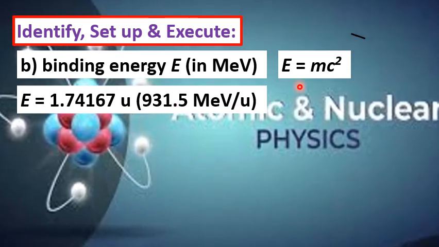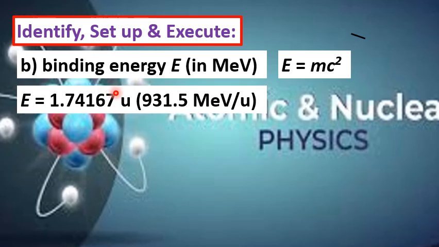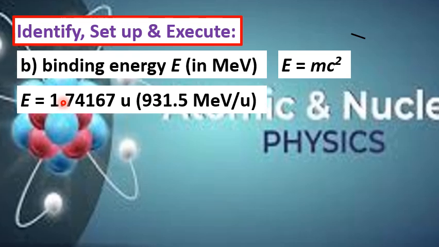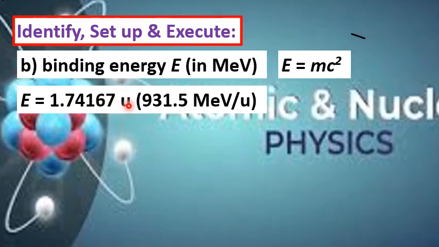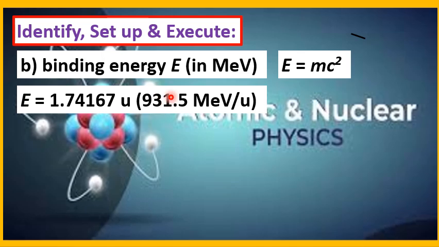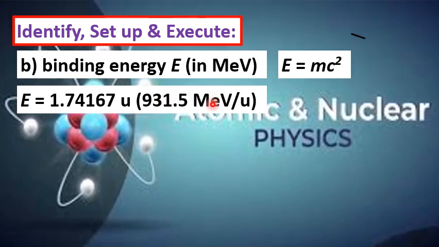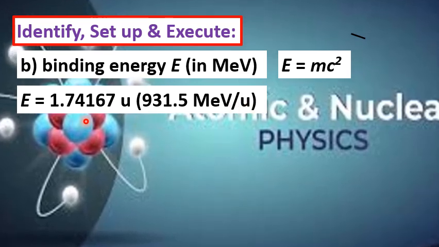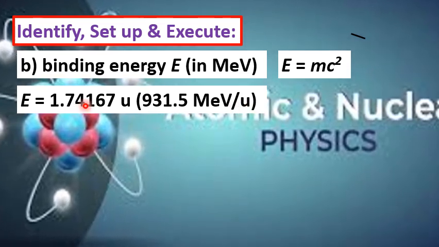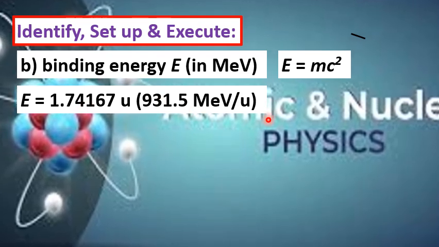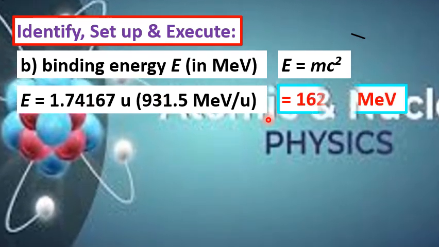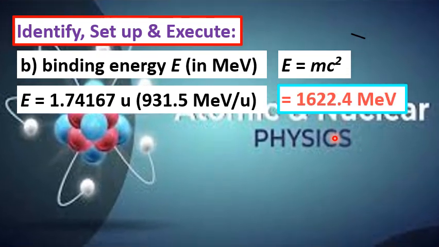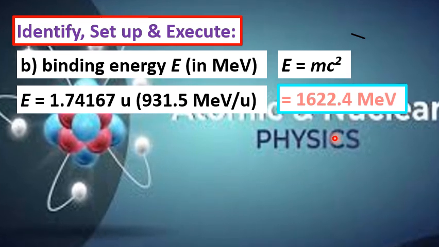So for simplicity, we just use this method of multiplying the mass deficit, anyway, it is expressed in atomic mass unit, all right? So using the conversion factor is a much easier method, right? Like in here, when we do the math, we will be getting the value of the binding energy equal to 1,622.4 million electron volts, right?